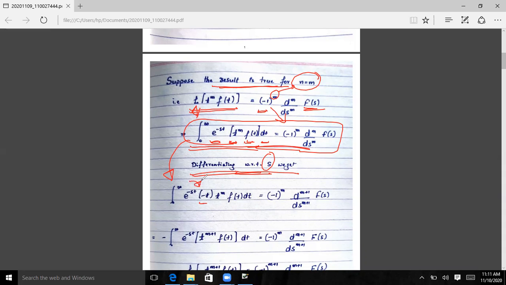You already know the derivative of e to the power minus st, and t to the power m into f of t becomes constant, so we write it as it is. On the other side we get minus 1 to the power m and d to the power m plus 1 by ds to the power m plus 1 of F of s, since one more differentiation is done.